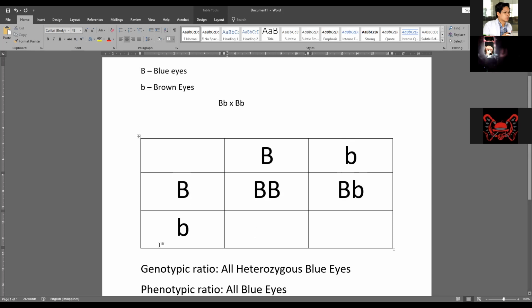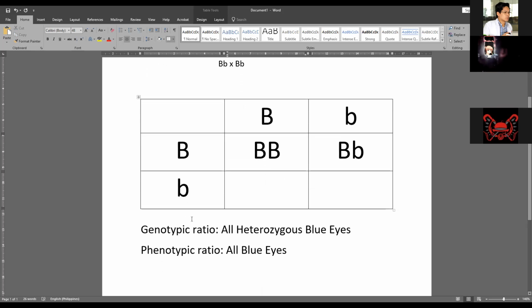How about in the third box? In the third box, we have capital letter B from the male parent and small letter b from the female. And these are all small letter b.